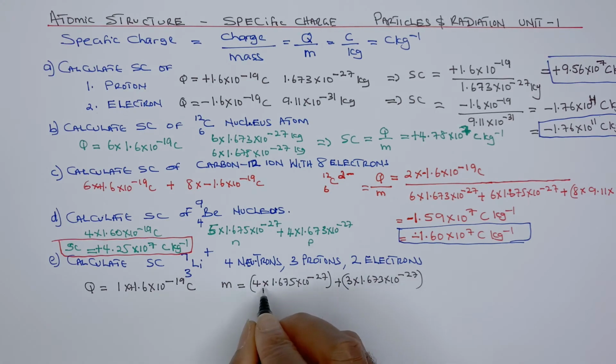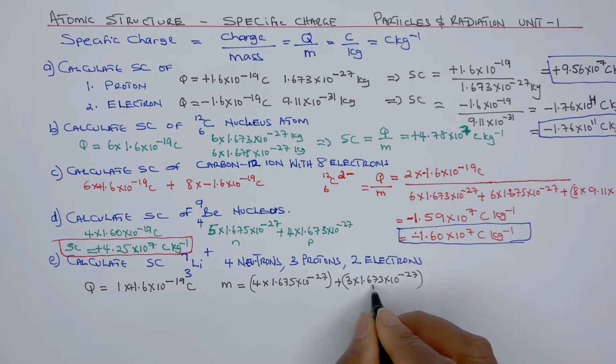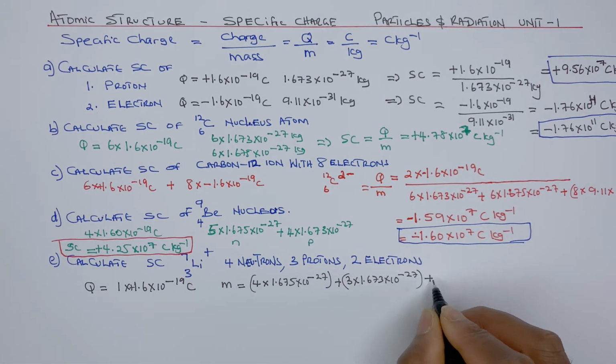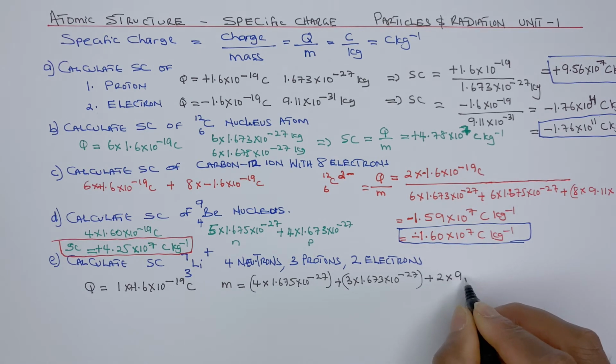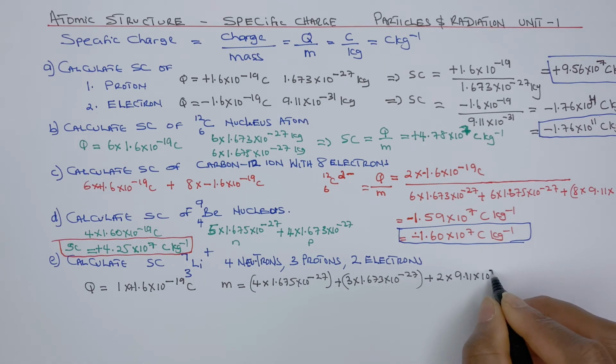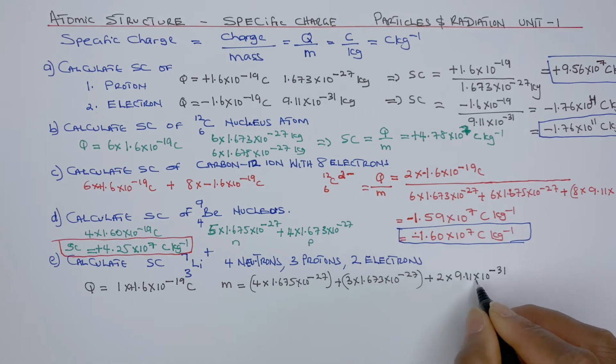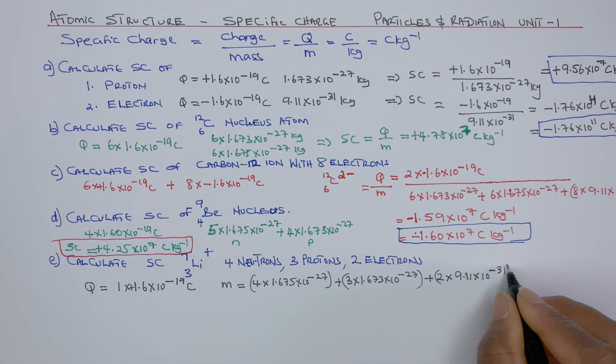That's for the neutrons, by the way, and this is for the protons, plus 2 times 9.11 times 10 to the power minus 31. You can see it wouldn't have any effect because it's so small. Okay, so that would be the mass that we're going to be applying.